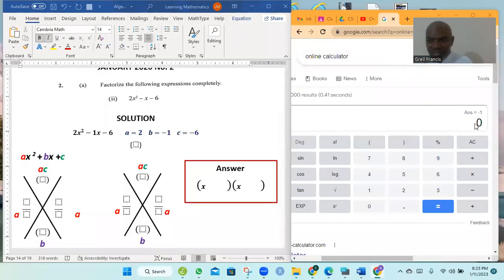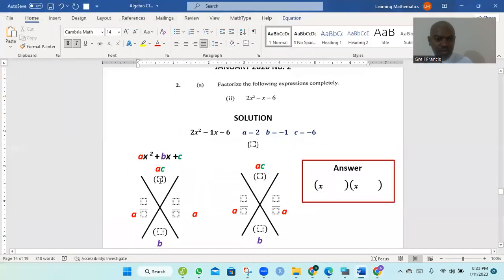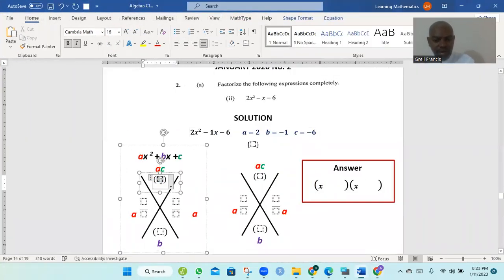So in this online calculator there, 2 times -6 is equal to -12. So therefore now, here we write -12. And straight below, vertically downwards, we write the value of B, which is -1.